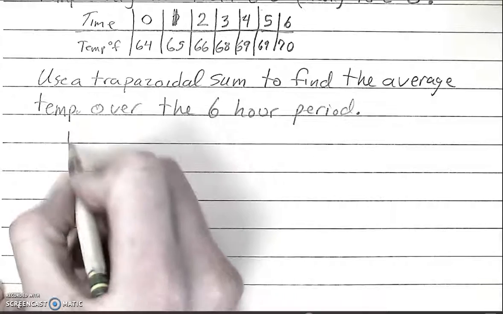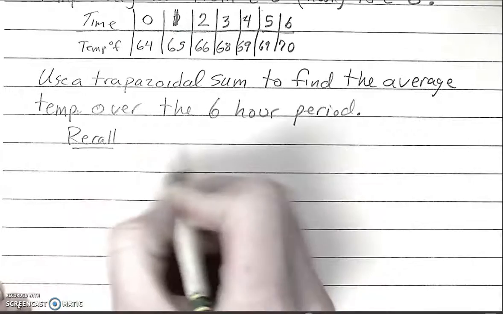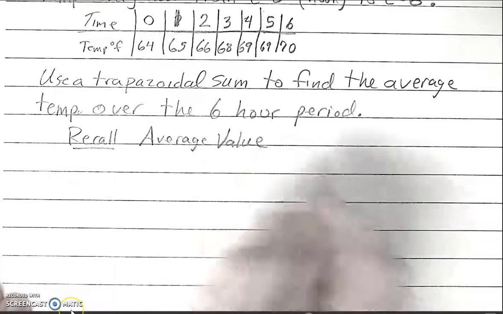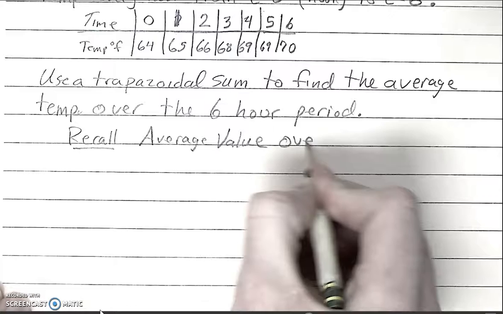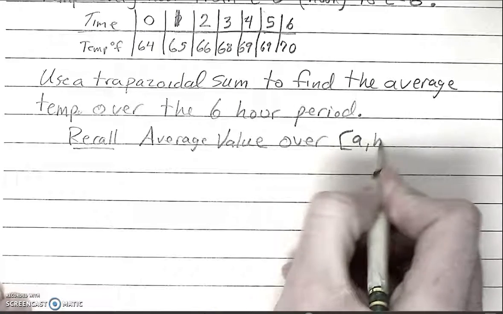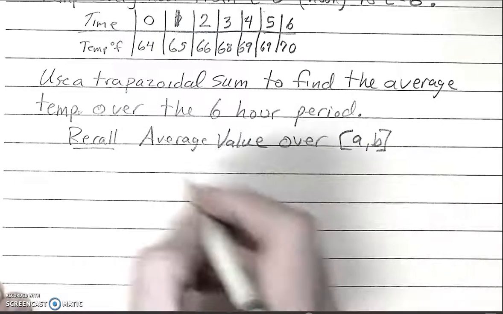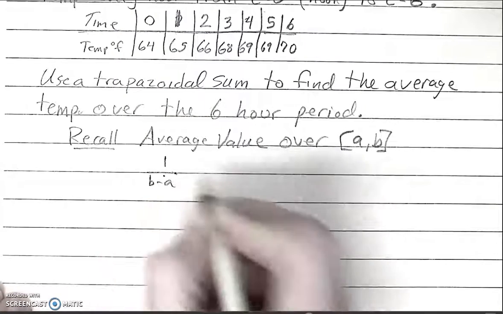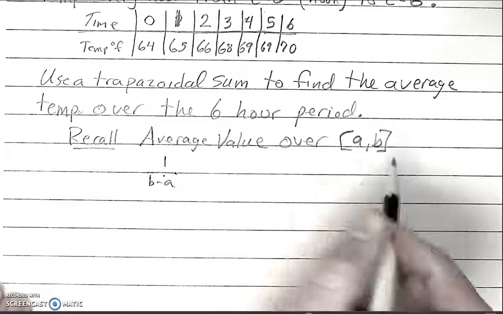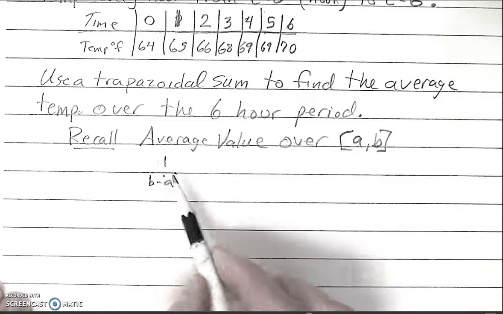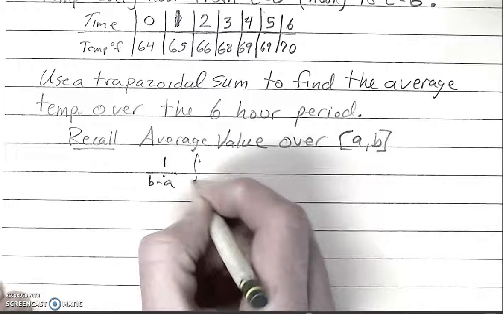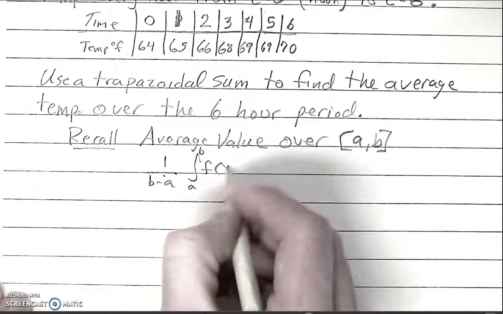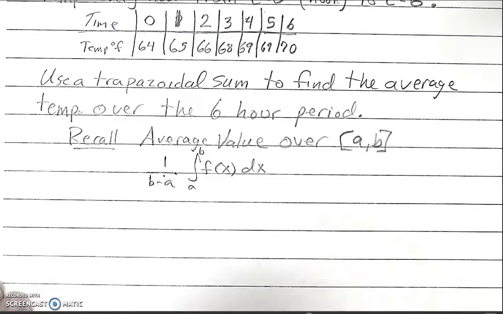So if you just recall that the average value of a function over the interval from a to b is 1 divided by b minus a, so when I mentioned dividing by 6, that's where this comes in, times the definite integral from a to b of whatever the function is that you're dealing with.